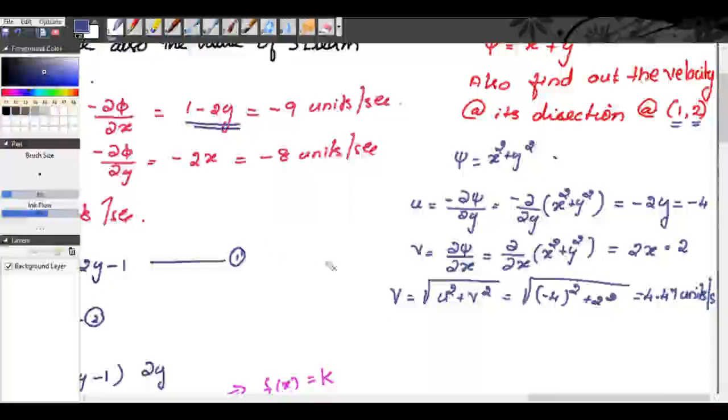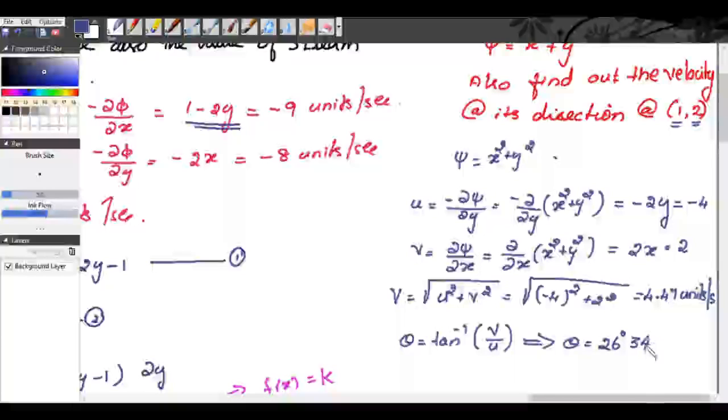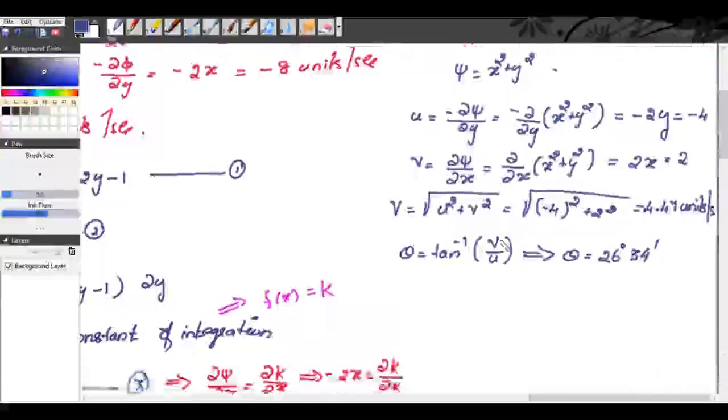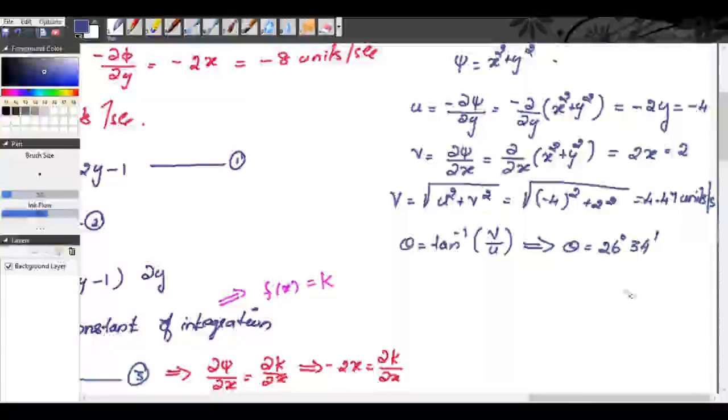Now, for the direction, we know tan theta is equal to v by u, or theta is equal to tan inverse of v by u. Substituting, we get theta is equal to 26 degree 34 minutes. Our u is minus 4, which means u will be in this direction, that is why it is minus 4, so 4 units per second.